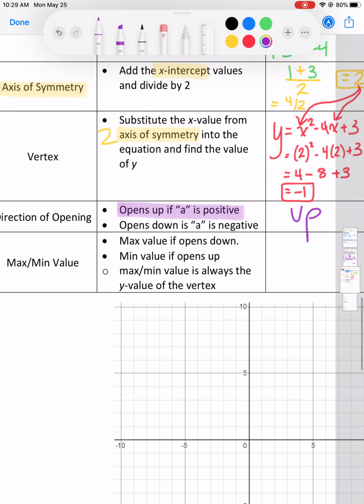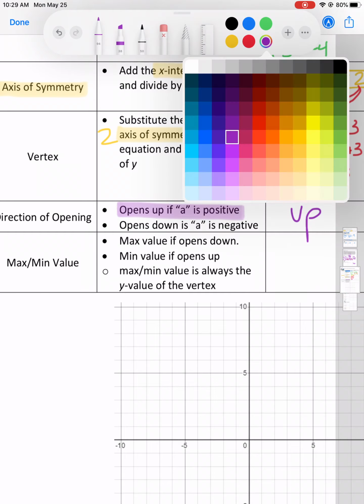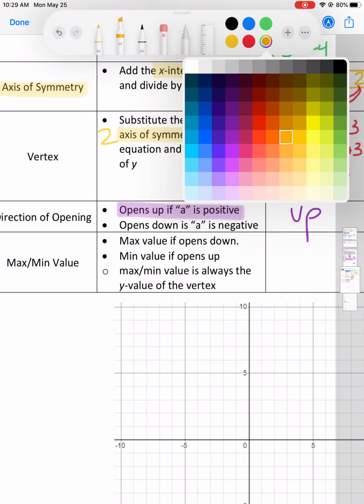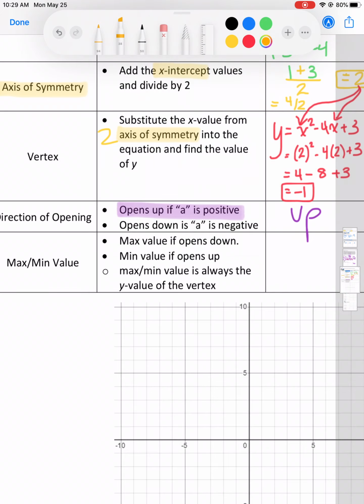One more. The max or min value. So, let's find a different color. I like orange. So the max or min value is always the y value of the vertex. And then it says it's a max value if it opens down or a min value if it opens up.